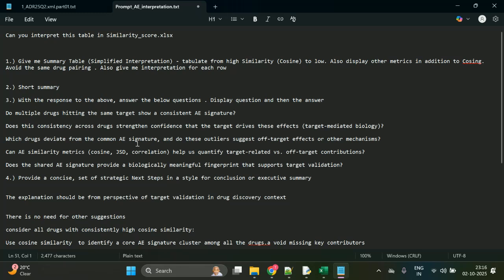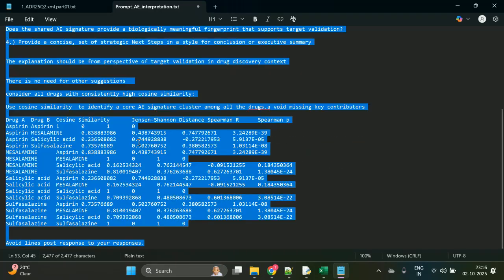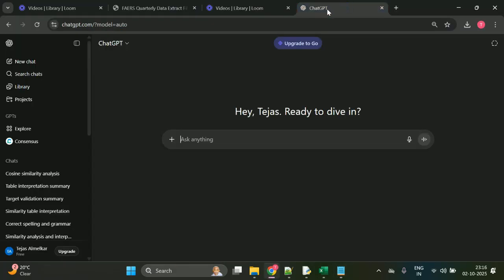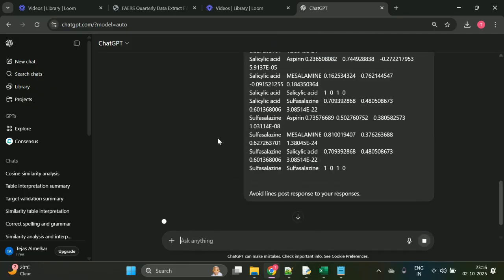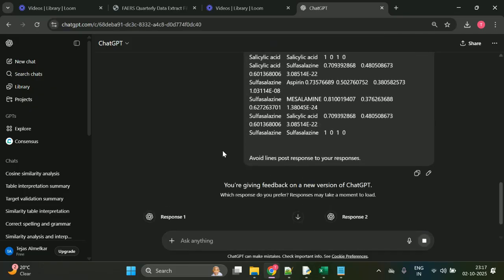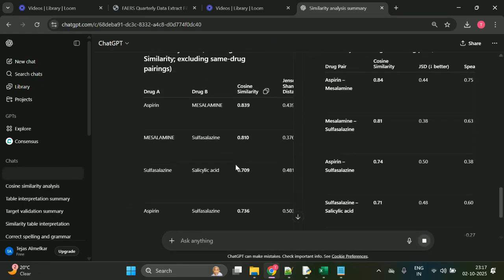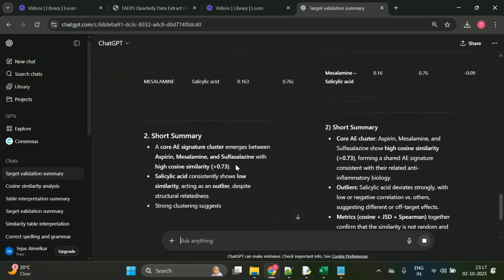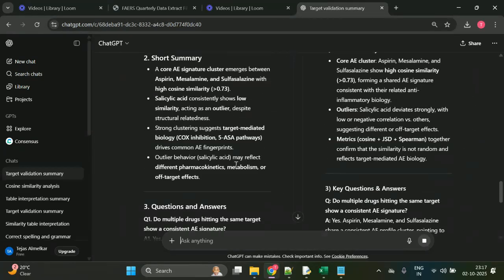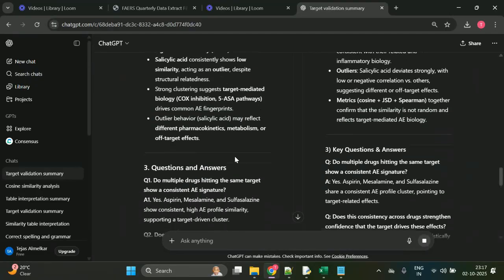I have the prompt ready here. By using ChatGPT, we can now rapidly interpret complex data sets and generate insights that would otherwise have taken much longer to uncover manually. This step will directly answer the key questions we set out to explore in this demo.